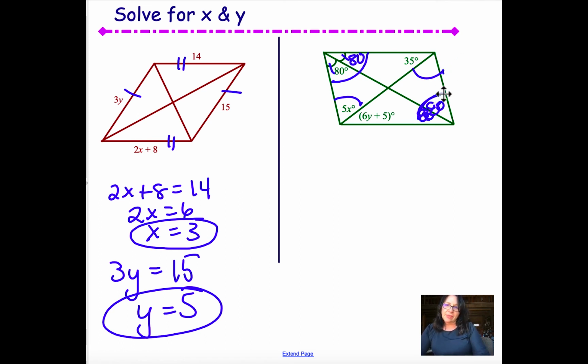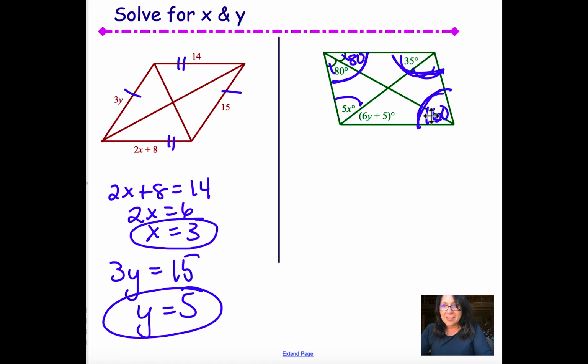If I know that this angle here is 100, and this angle down here is 160 degrees, because that's 80 plus 80, right? They have to be the same. Then these two angles here are not congruent, of course, unless it's a right angle, but they're not. But they are supplementary. So I know that this angle plus this angle has to add up to be 180.